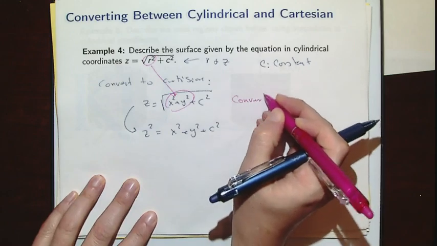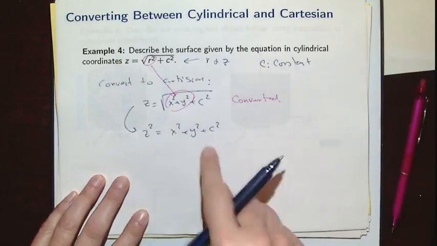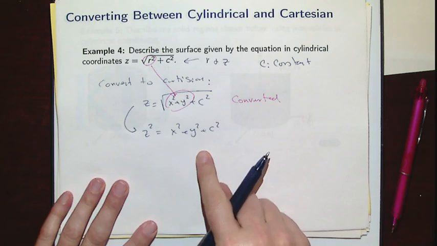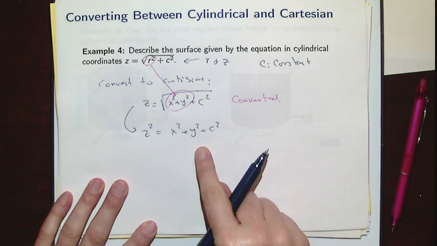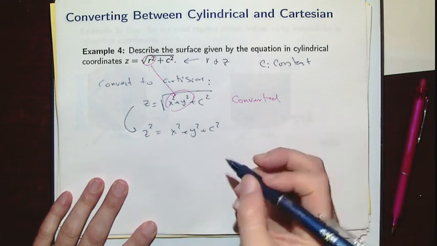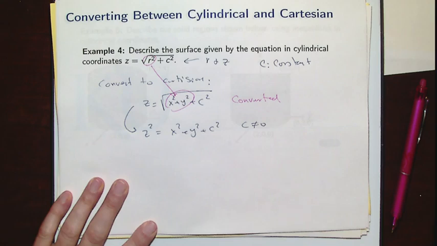Converted. Now I went to power 2. Can you guys tell me what shape this is? Is it a cone? If C is not 0, is this a cone? No, it's not a cone.